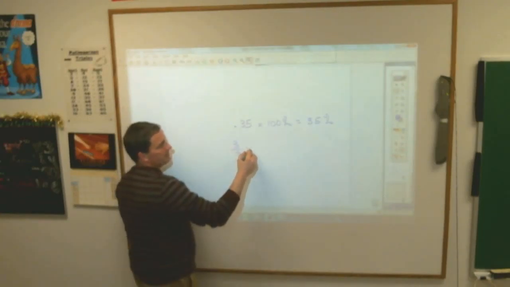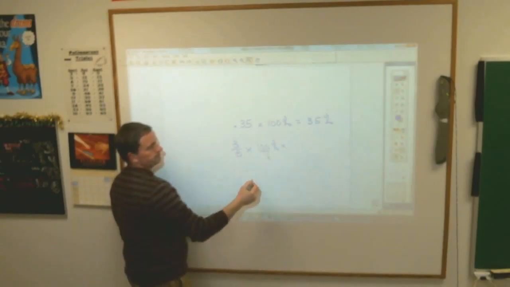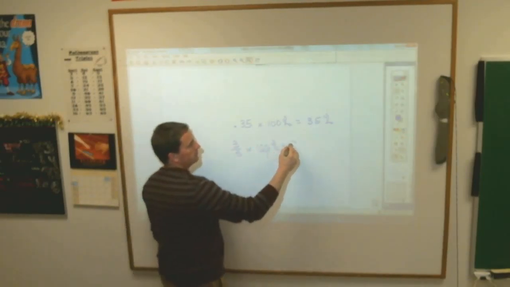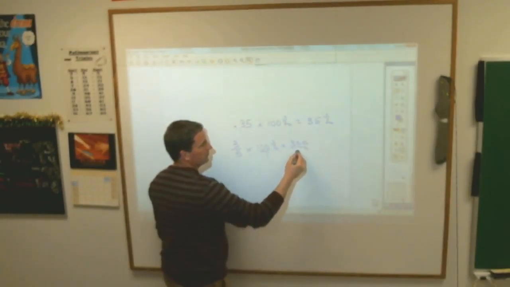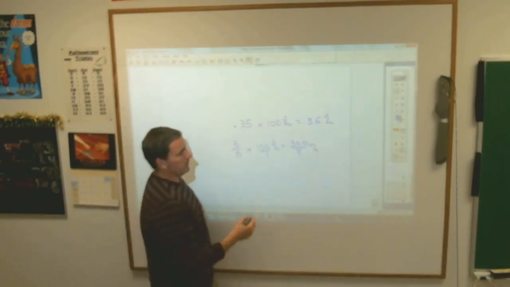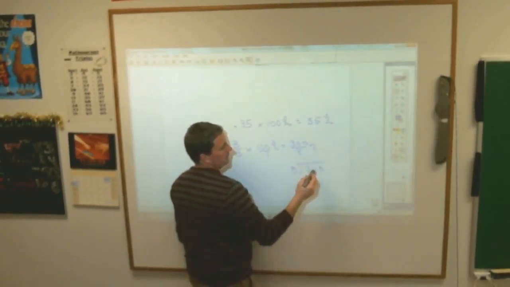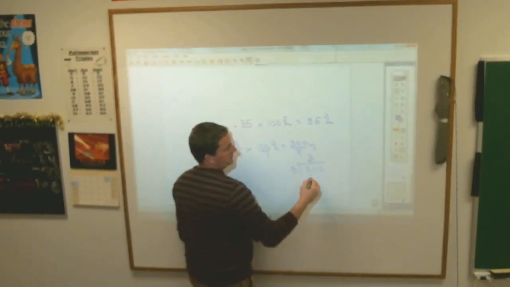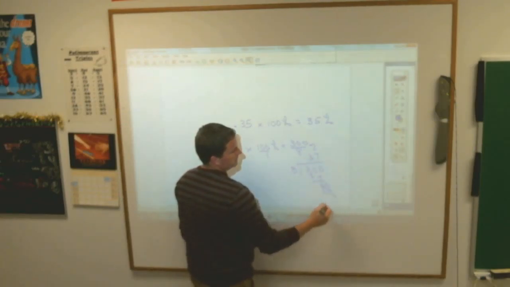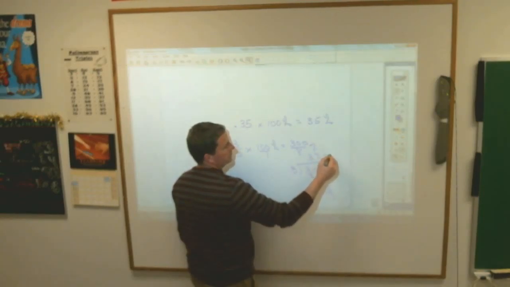If I multiply that by 100%, I end up with 300 over 8%, and you just have to do the division part of that. How many times is 8 going into 300? 3 is 24, 7 is 56, and 4/8, which is 1/2%.